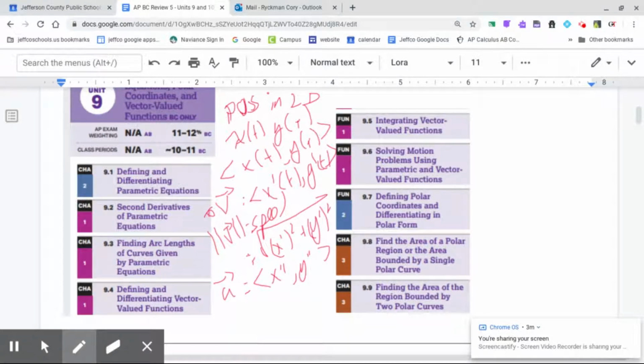Okay. Also remember that integrating, just like in one-dimensional movement or linear movement, integrating speed gives distance. Integrating speed gives you arc length or distance in 2 dimensions.